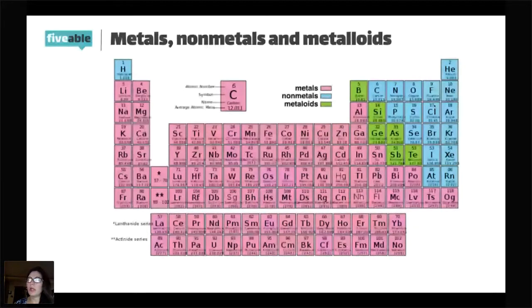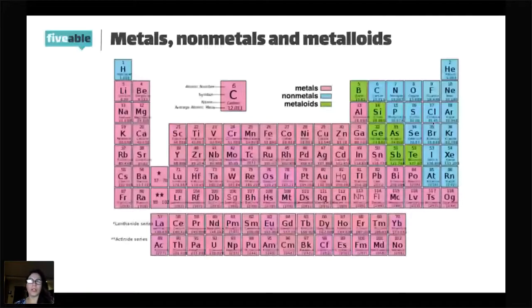Will they lose or gain electrons? Correct. Gain electrons, and we can see here that hydrogen is considered a nonmetal, even though hydrogen can act both ways: it can lose one electron or share one electron. And then we have the metalloids displayed in green. These will have characteristics of both metals and nonmetals.